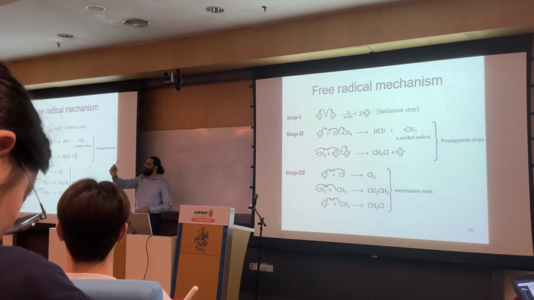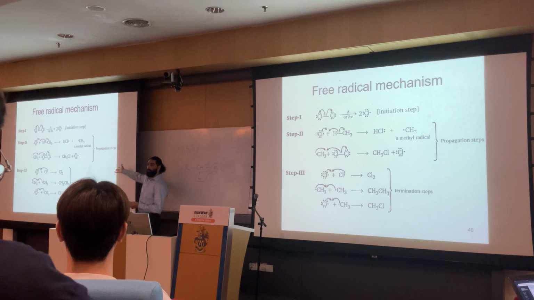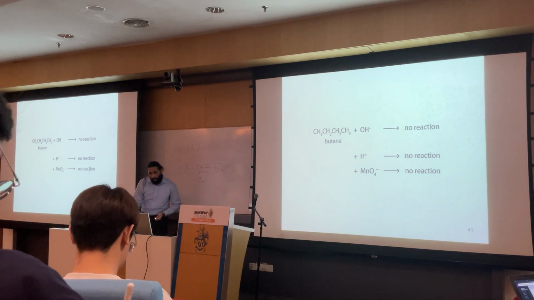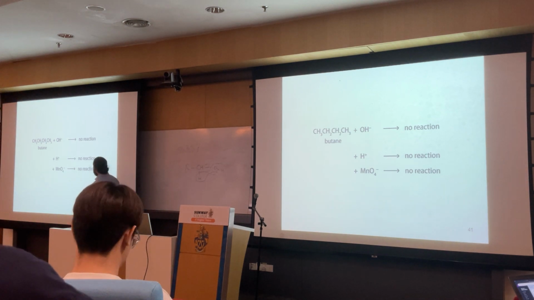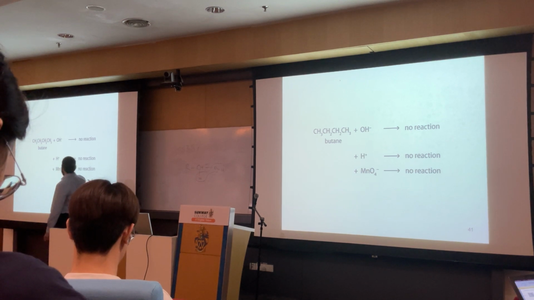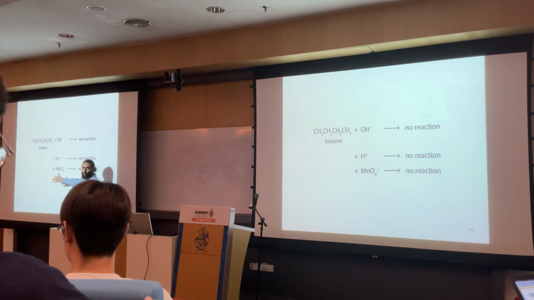So what was the other reaction we looked at for alkane besides the substitution reaction? Combustion. Awesome. Perfect. Unfortunately, alkanes don't react with acids and bases and common reducing and oxidizing agents. So that's a good thing for you.